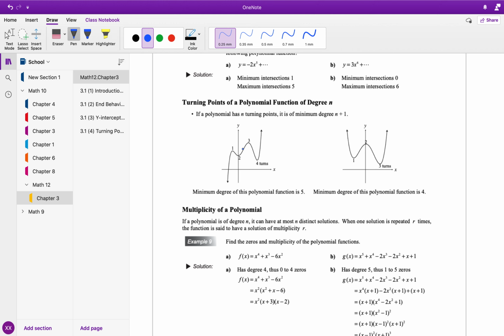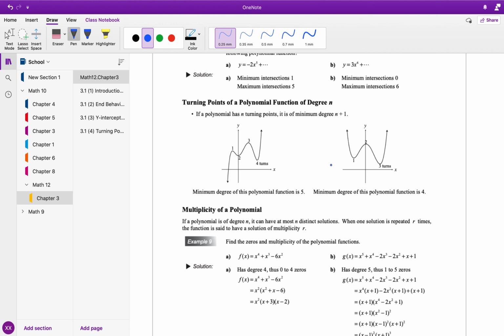Now for a polynomial of degree 5, how many turning points does it have? 1, 2, 3, 4. And then this polynomial is degree 4. How many turning points here? 1, 2, 3.